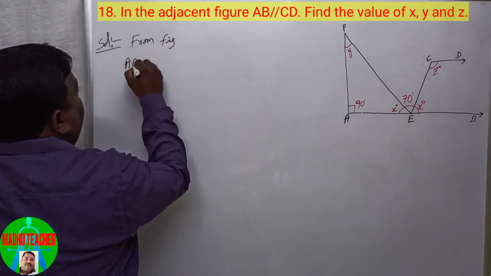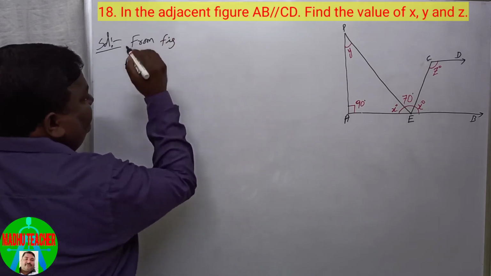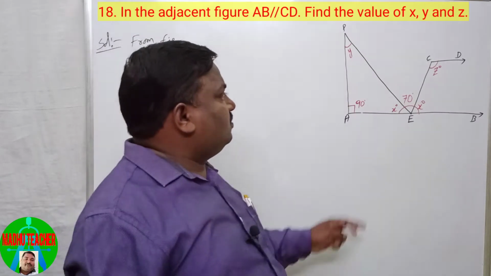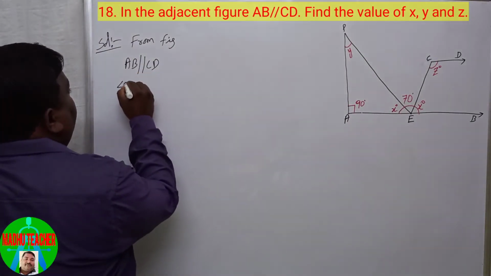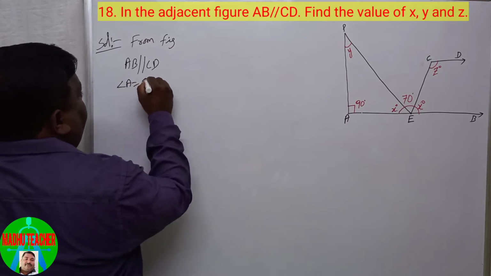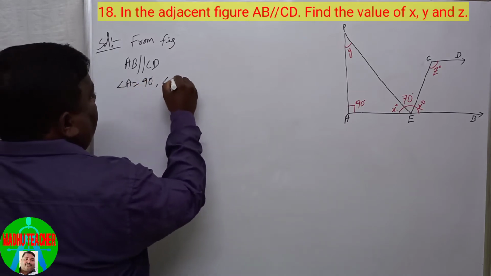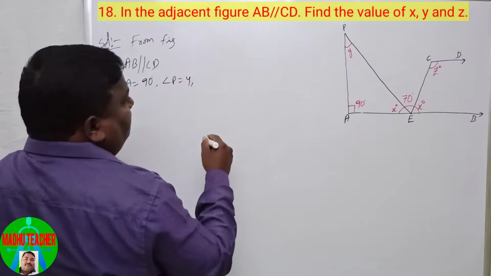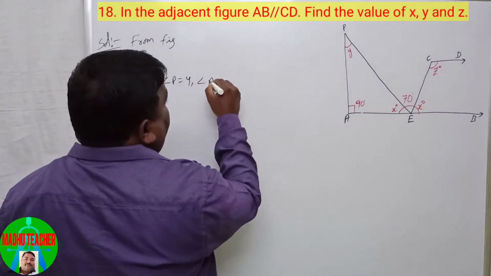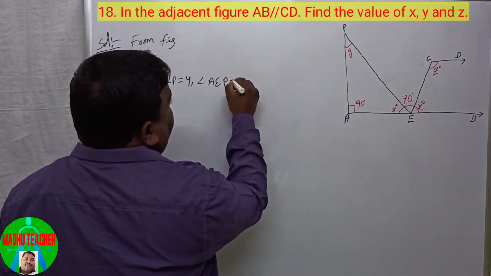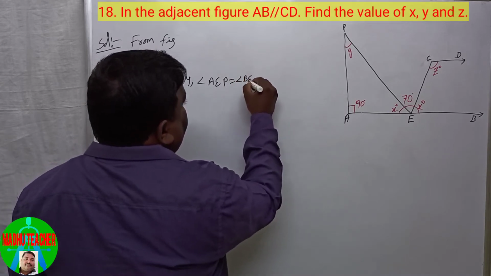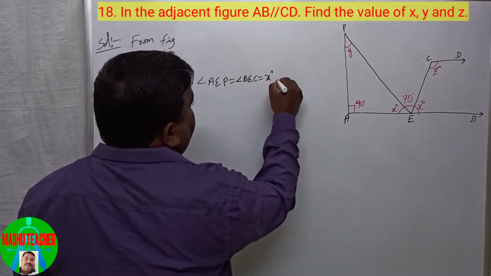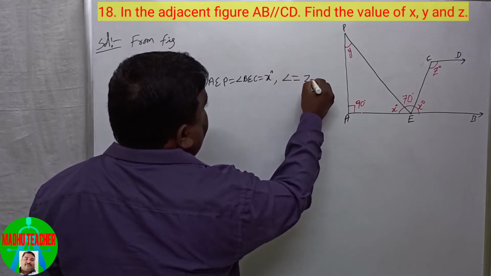The given values are angle A equal to 90 degrees, angle P equal to y, angle AEP equal to angle BEC equal to x degrees, angle C equal to z degrees.